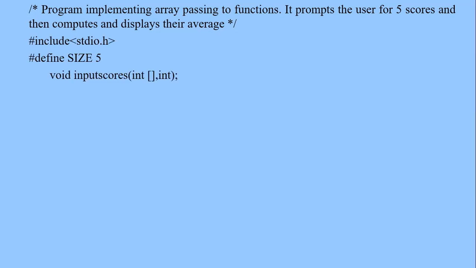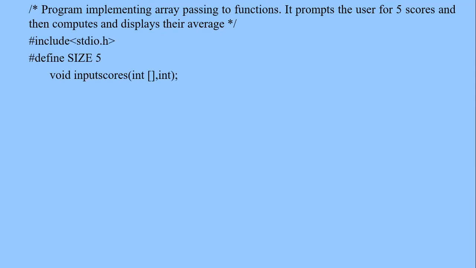Then this is our first array declaration. It is of type int, and this is a function. This, I repeat, this statement is a prototype. It is a prototype for a function called input scores that is going to receive one of its parameters being an array of type int.